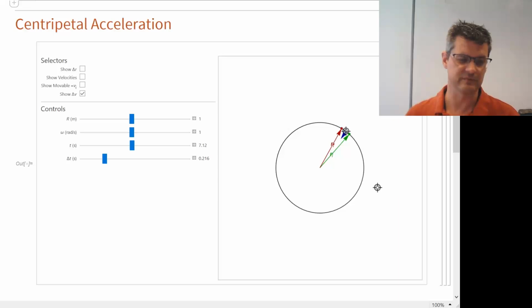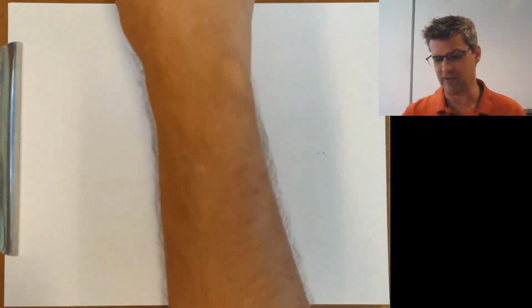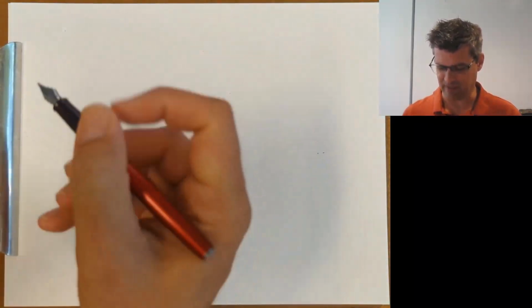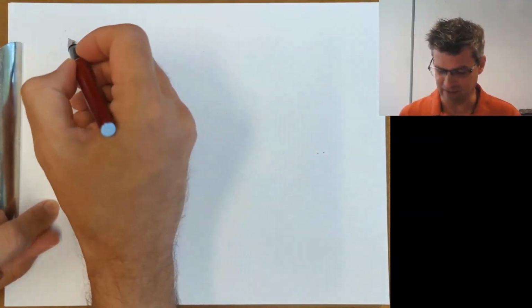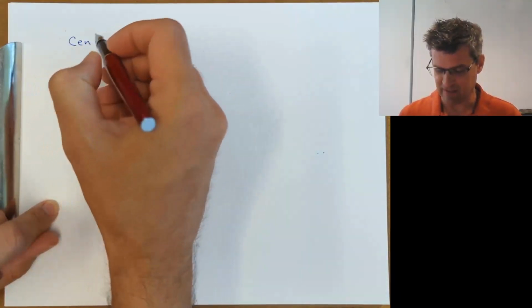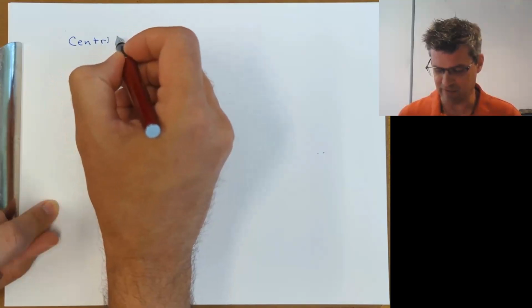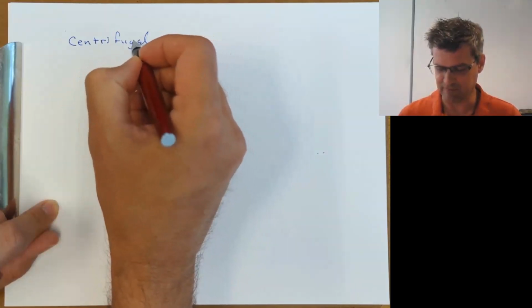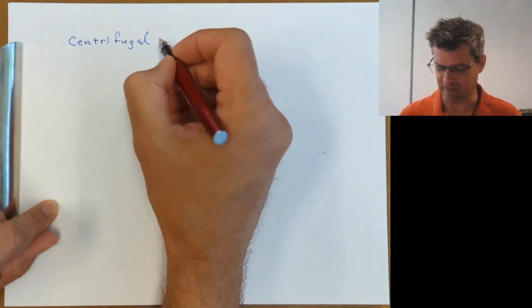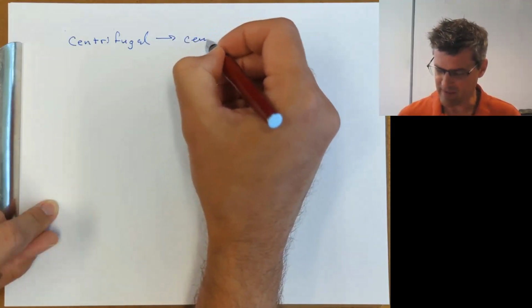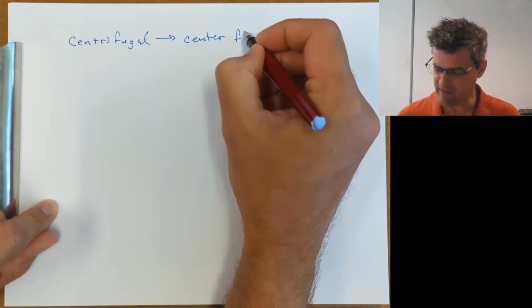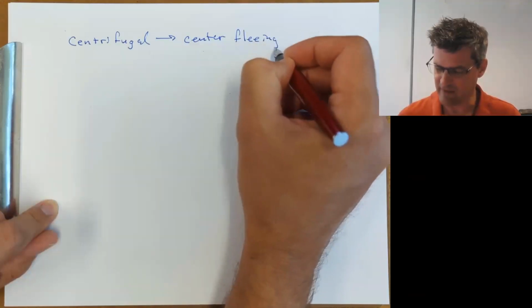So there's two different kinds of acceleration that we can have. And these two words, one of them is more familiar than the other. There is centrifugal acceleration. Centrifugal means center fleeing.